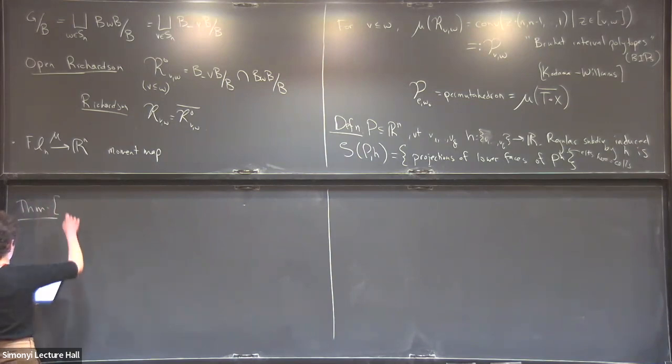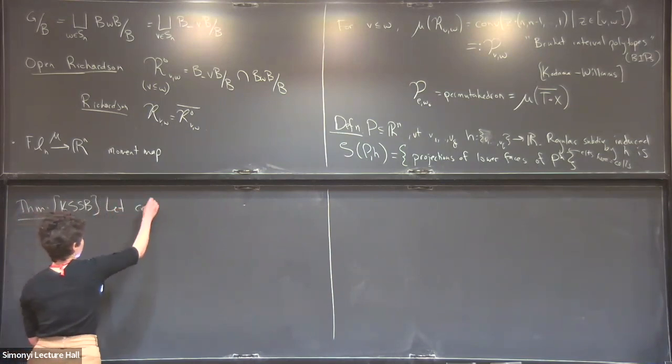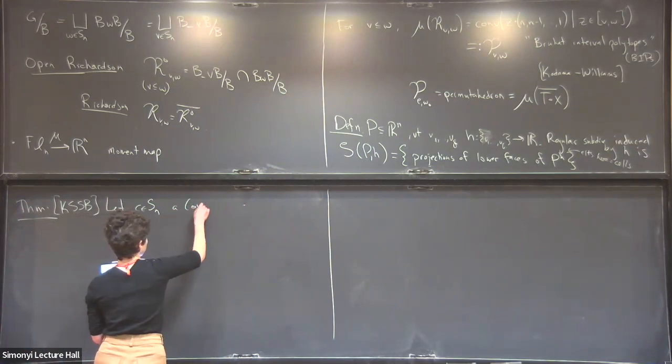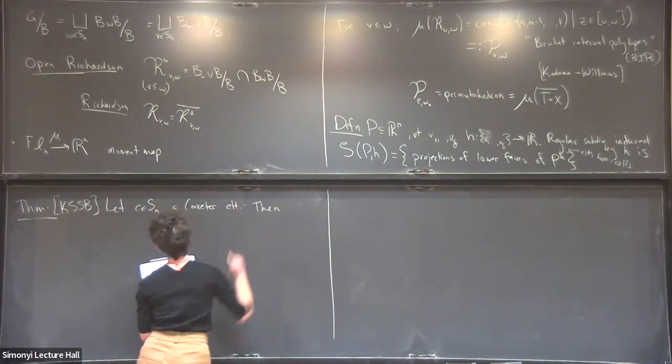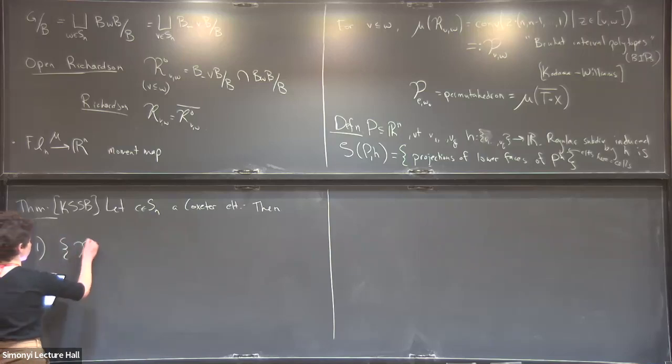Here's the theorem. Pick any Coxeter element you like. On the one hand, I'm going to produce for you a regular subdivision of the permutahedron into Bruhat interval polytopes. I'm just going to tell you the maximal cells.